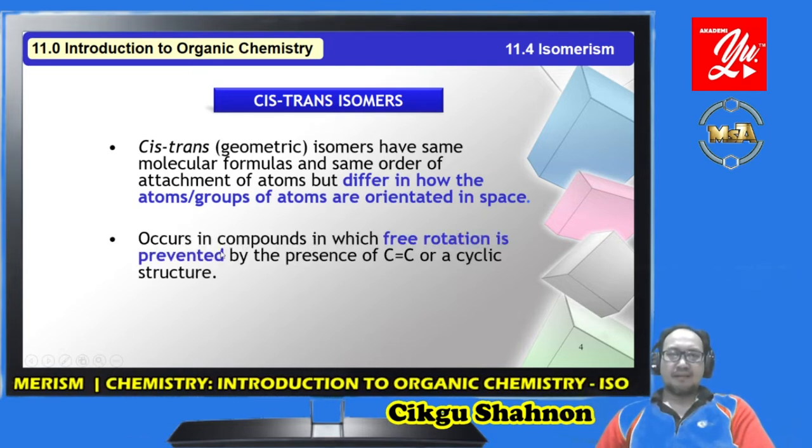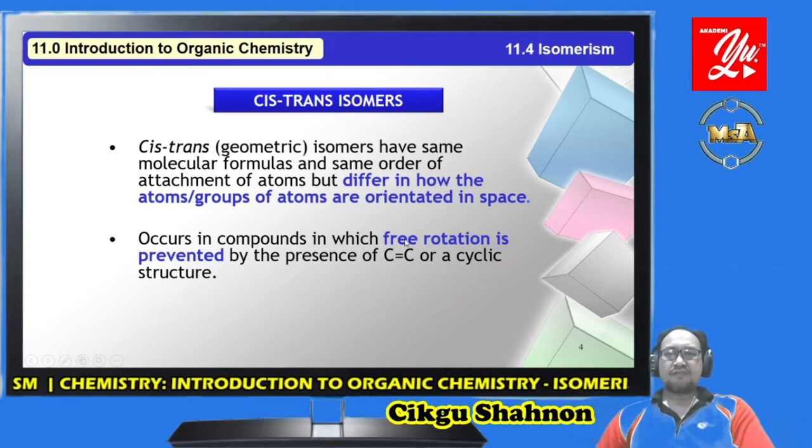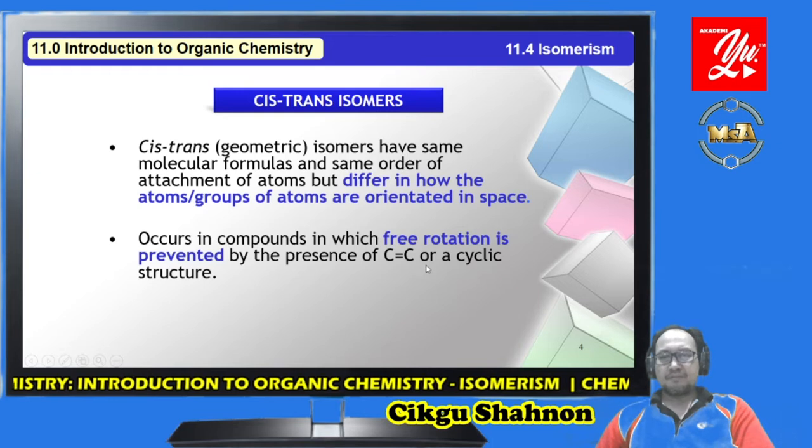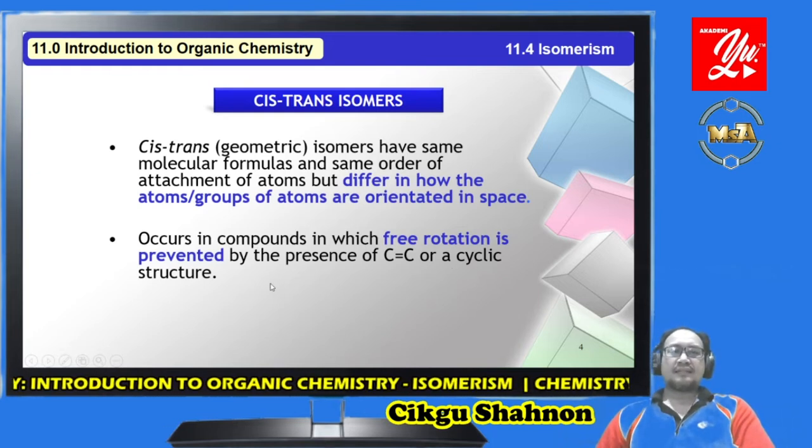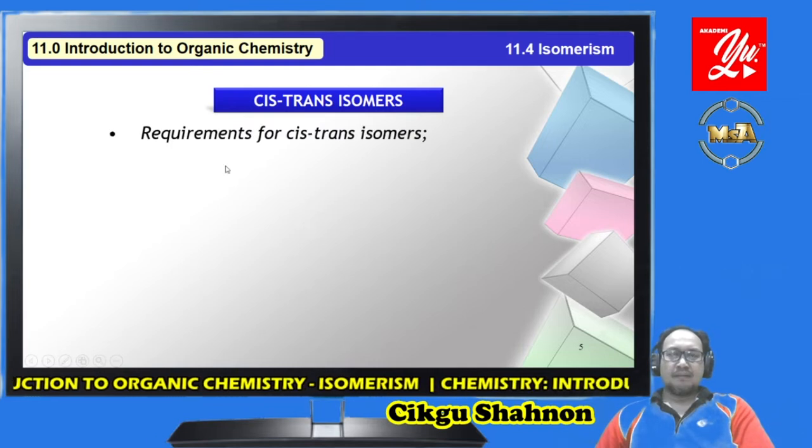Okay, and occur in compounds in which free rotation is prevented by the presence of carbon-carbon double bond or in a cyclic structure. Okay, and then we have requirements for cis-trans isomers.